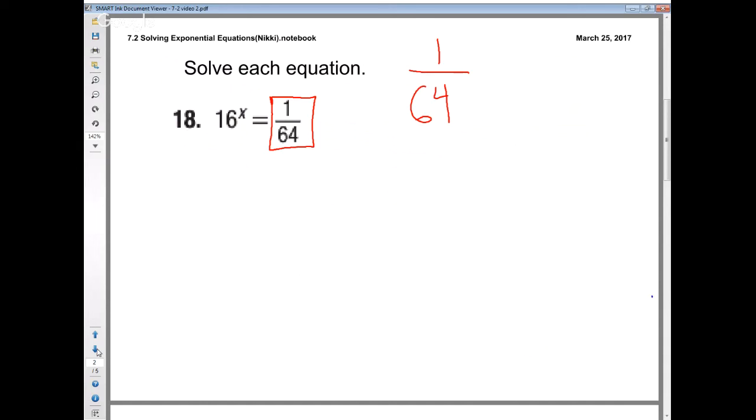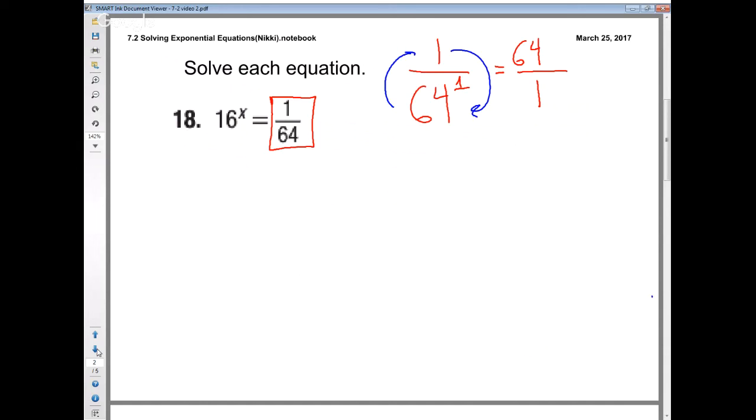Let's rewrite 1 over 64 over here, and while we're at it, let's rewrite 64 on the bottom as 64 to the first power. We know this to be true because 64 raised to the first power is still just 64. Then, using that trick I showed you a minute ago, let's flip the two numbers so that the 1 is on the bottom and the 64 is now on top.